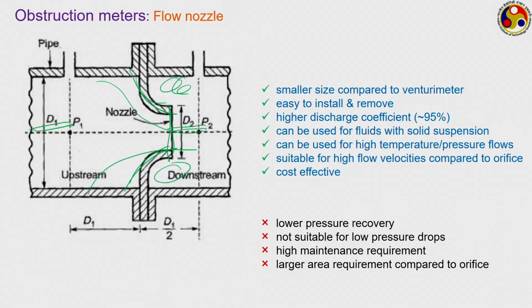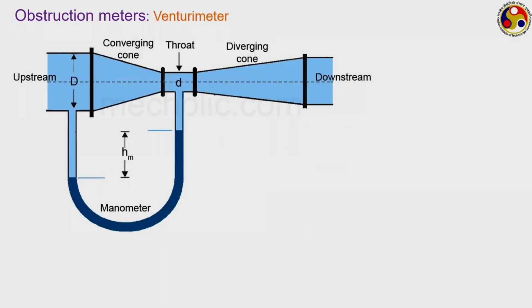So, to eliminate all the problems with flow nozzles, but continue with all its advantages, next we move to the Venturi meter, which can be visualized to be a combination of two channels, one with a converging section, other with a diverging section, such that there is a common area at the throat. So, here both on upstream and downstream side there is a smooth transition of the flow.